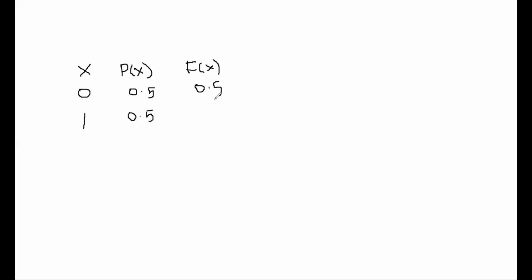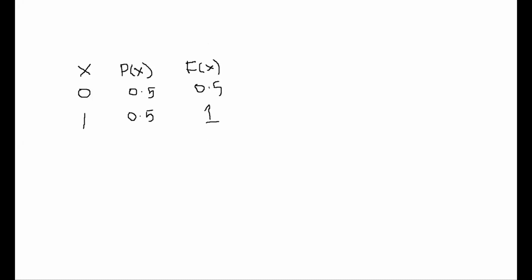So the first cumulative probability will be 0.5 and the second one will be 0.5 plus 0.5. You have to add it backward. So this one plus the previous one, which is 1. So this is your cumulative probability distribution function.